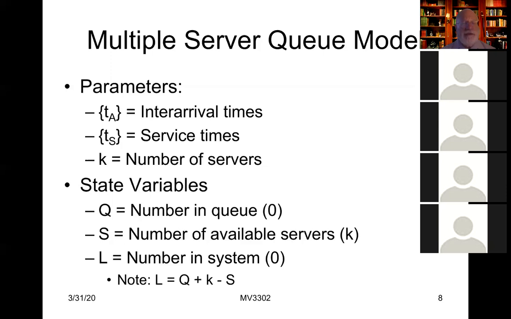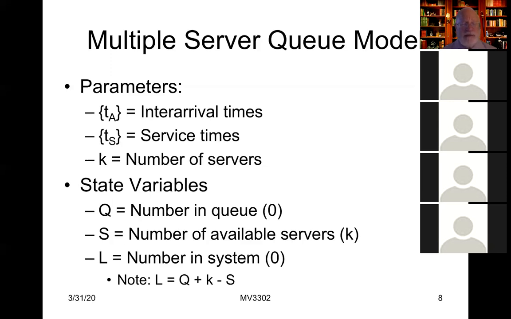All right, now we have 3 state variables for this, 2 of which are intrinsic and 1 which is derived. The first state variable is going to be the number in the queue. When we start off, there's going to be nobody in the queue, and every time somebody shows up, we're just going to increment that.